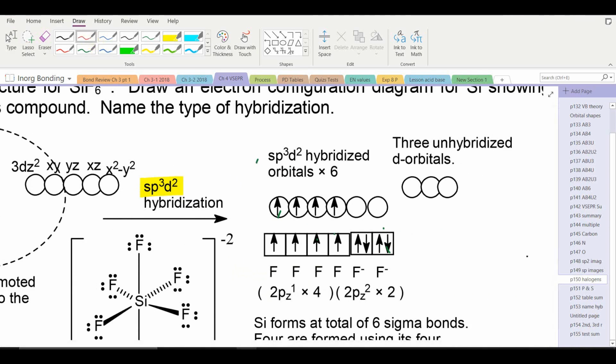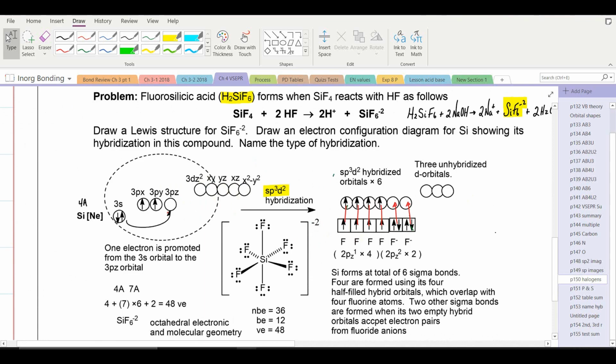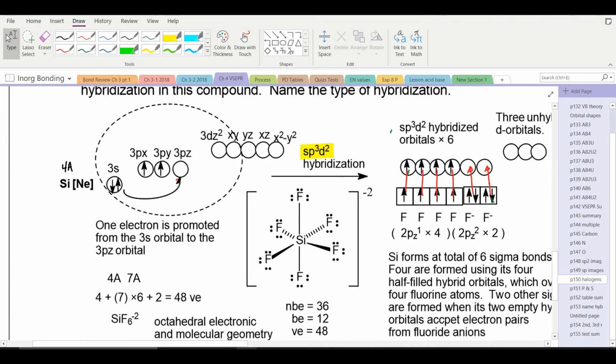Notice we have 4 covalent bonds formed by sharing 1 electron from silicon with fluorine, but then we have this pair of electrons being donated by 2 fluorides, and that gives us 6 sigma bonds. Octahedral. So the model can be extended.